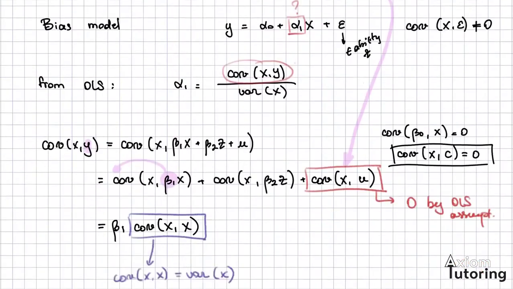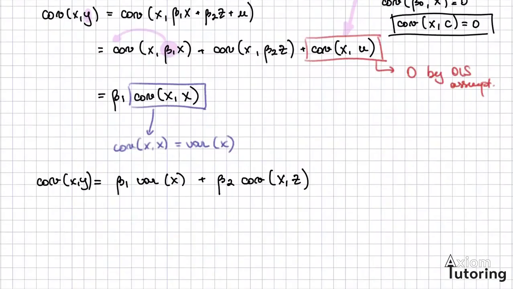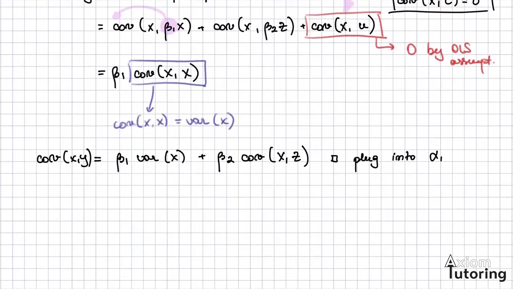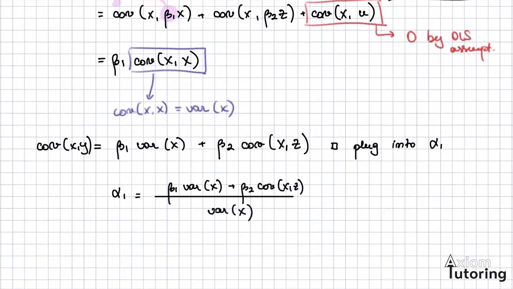Okay. Now that we have found an expression for the covariance, let's plug this back into the actual formula that we have for alpha 1. So we've got alpha 1 equals beta 1 variance of x plus beta 2 covariance xz divided by the variance of x.